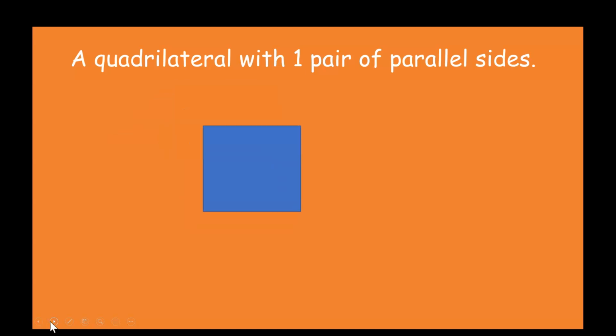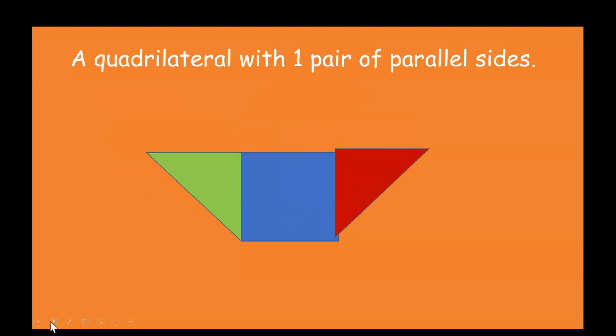Alright, so this is the one I used. I did a square here in the middle, and I put a triangle this way and a triangle the other way. I have my parallel sides. There's at the top and on the bottom. They're going the same way, side to side. So I have 1 pair of parallel lines.